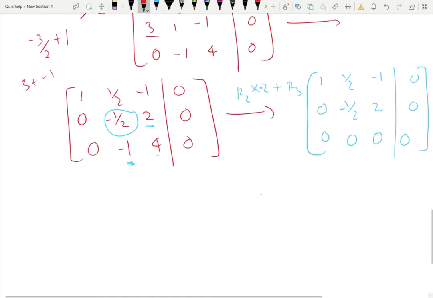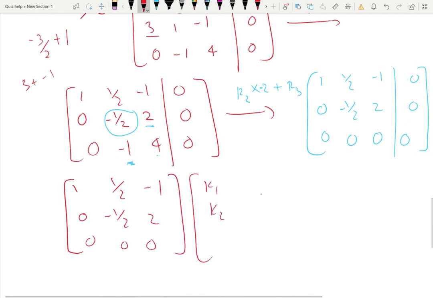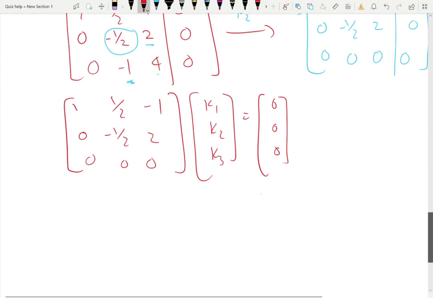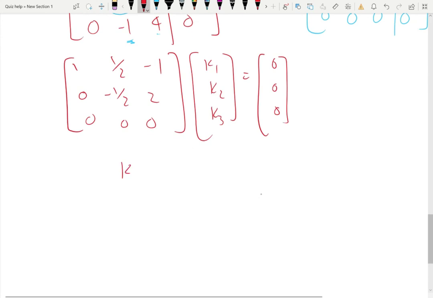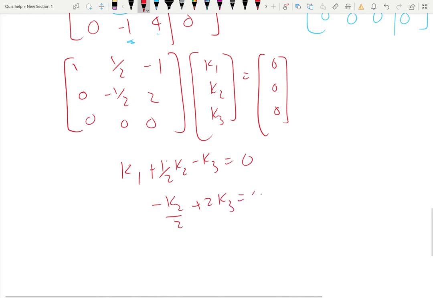Let's write the equation. The matrix form is 1, half, negative 1; 0, negative half, 2; 0, 0, 0 times k1, k2, k3 is equal to the right hand side 0 matrix. Okay, so let's write out the equations. k1 plus half k2 minus k3 is equal to 0. Minus half k2 plus 2k3 is equal to 0.